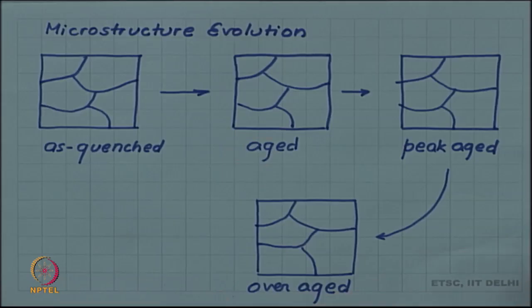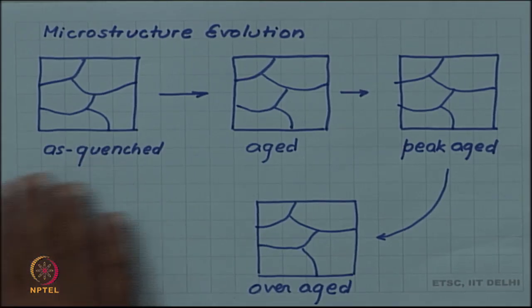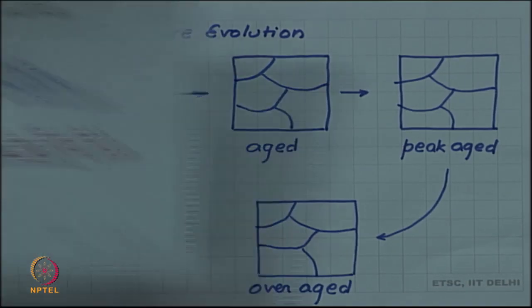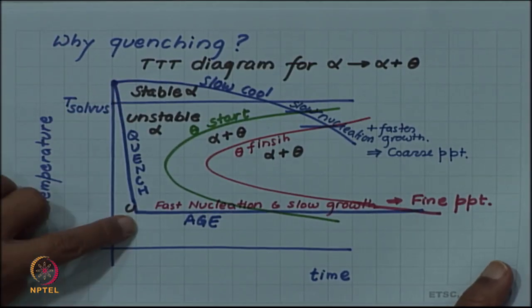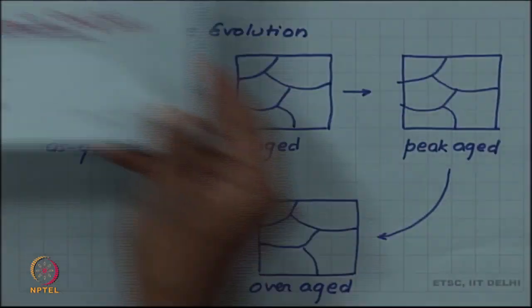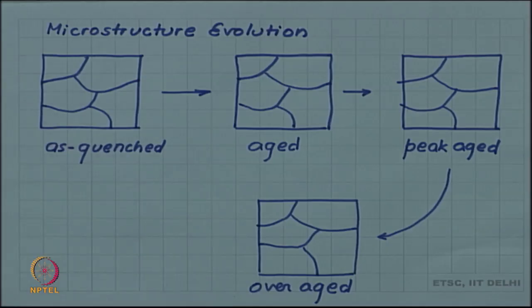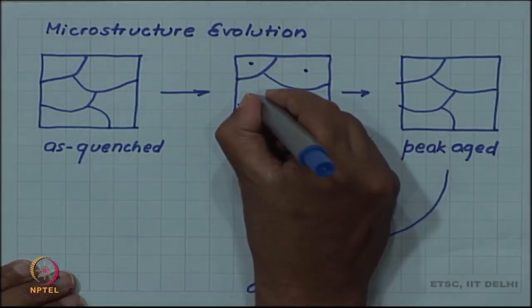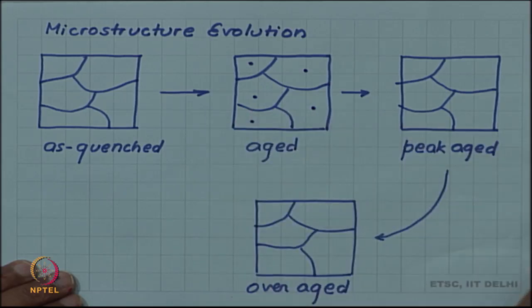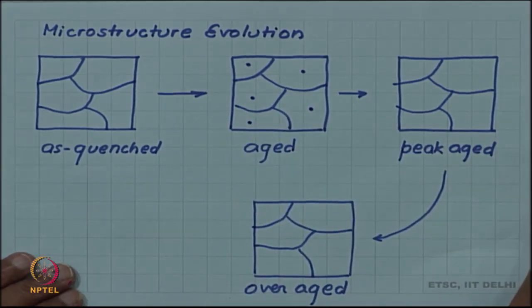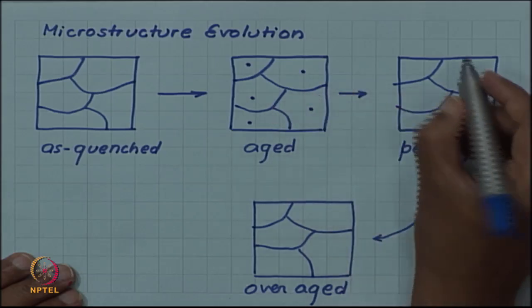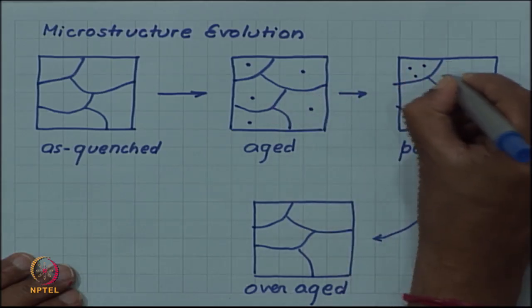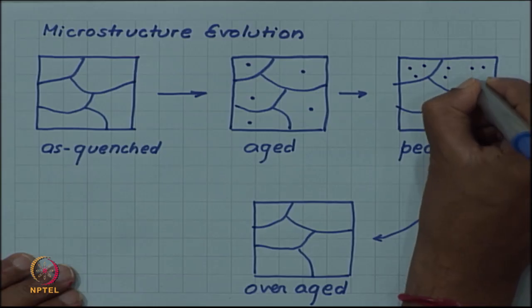Let us look pictorially at the evolution of the microstructure. So, in as quenched, as soon as you have quenched it, you have a single phase alpha, no precipitate has formed. But then as you age, precipitate will start forming. As aging continues, you will have more precipitates forming.